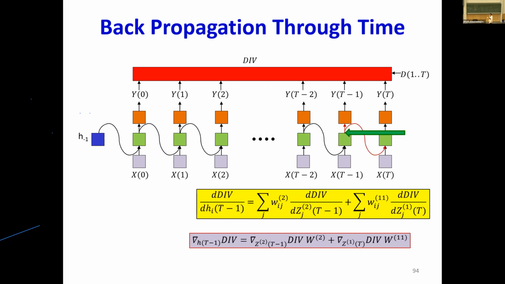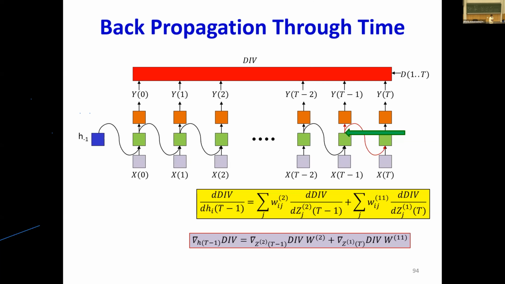And so this derivative is going to have two additive terms. The first one over here is the vertical derivative, it just multiplies W2 on top. The second term is the horizontal derivative, which multiplies the derivative at time t by the recurrent weight, right? You see the two terms coming in, right?